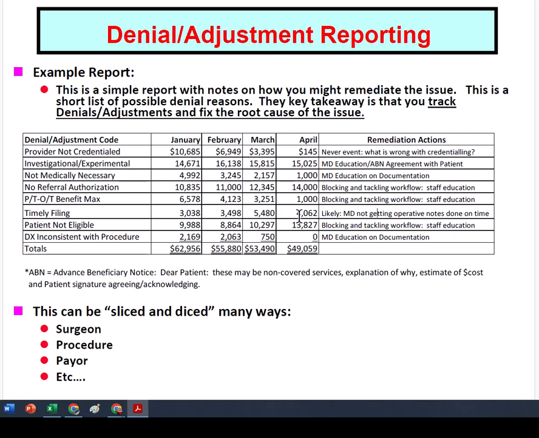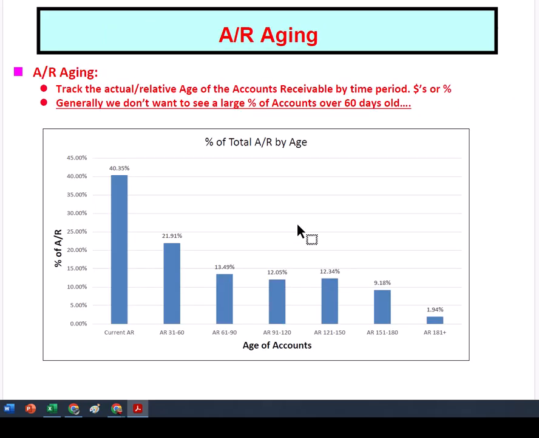Patient not eligible. Okay, why didn't we know that ahead of time? Diagnosis inconsistent with procedure, physician education. Okay, so again, like the number one most important report, in my humble opinion.